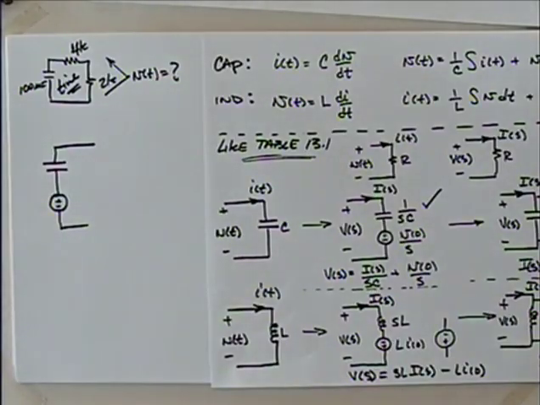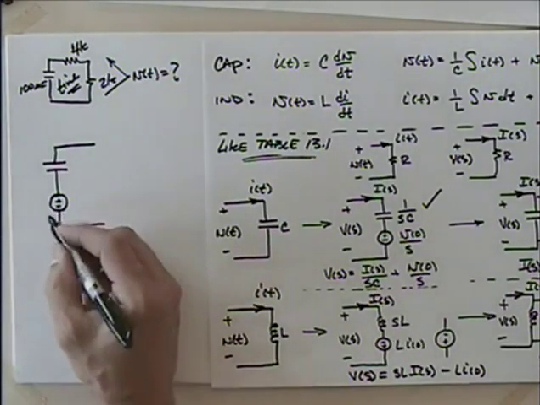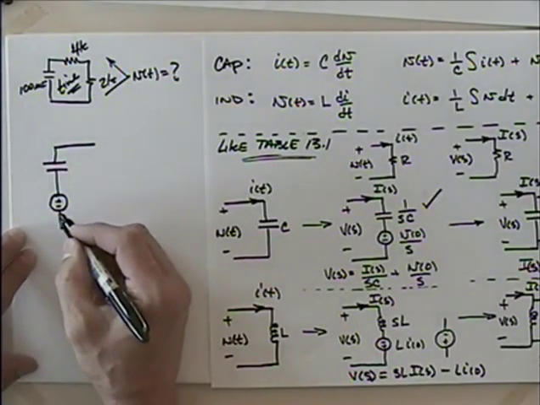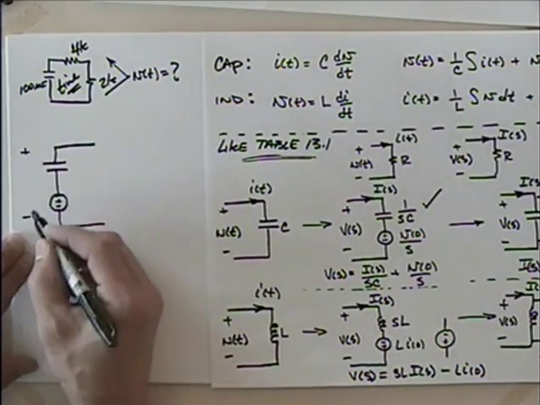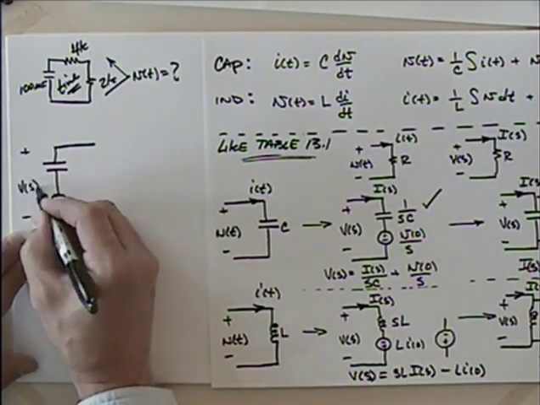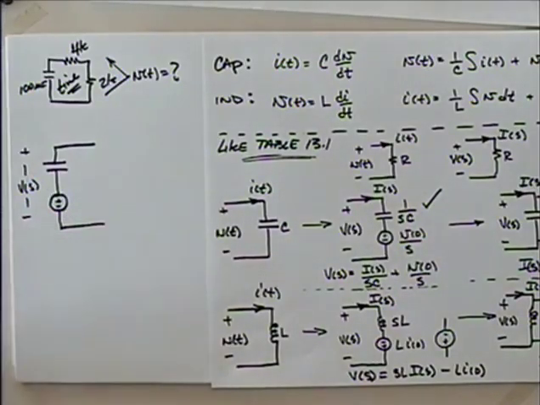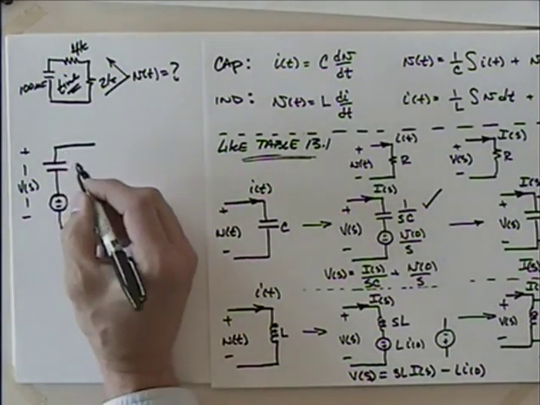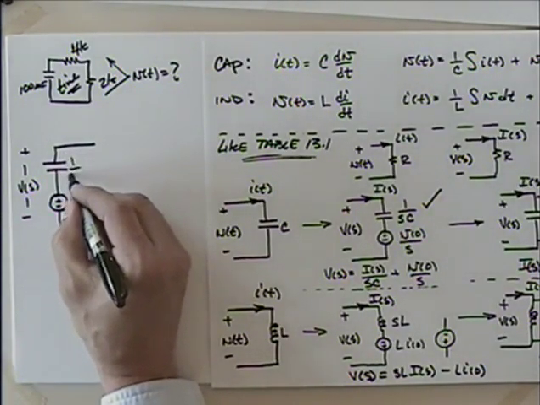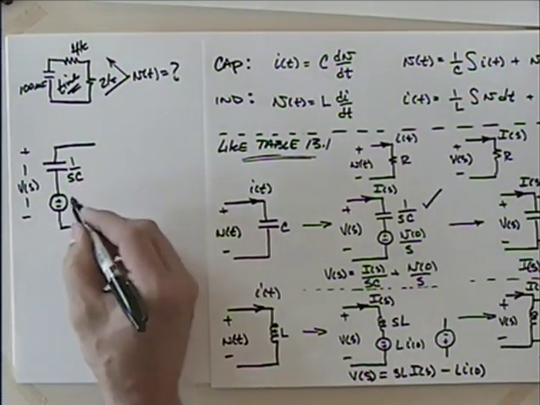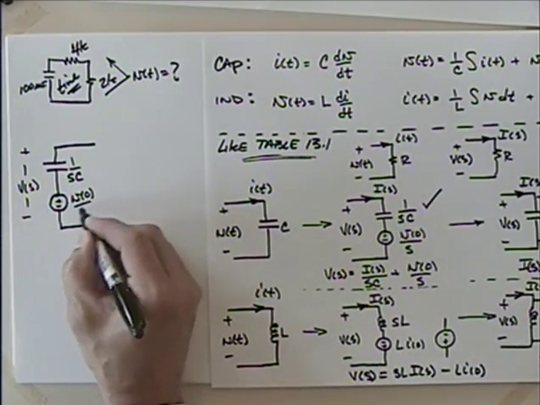Okay? And I'm going to say across here is Vs. Okay. And then this capacitor is going to look like what? 1 over SC, and this voltage source, the initial voltage over S.